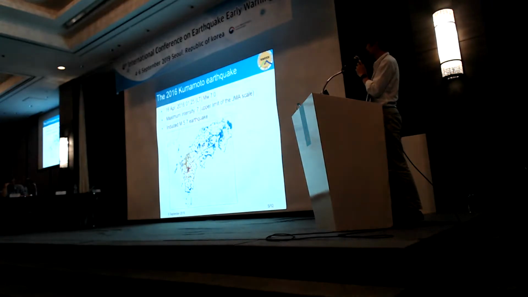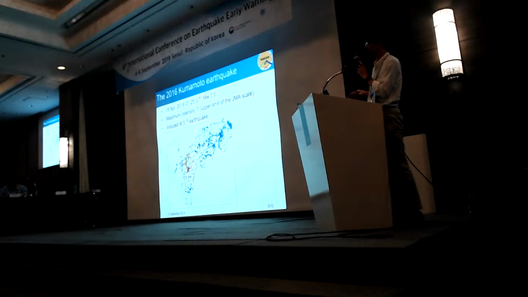So we used the 2016 Kumamoto earthquake for the comparison of two prediction models. And this is the distribution of observed seismic intensity. The maximum intensity was 7, which is the upper limit of the JMA intensity scale.